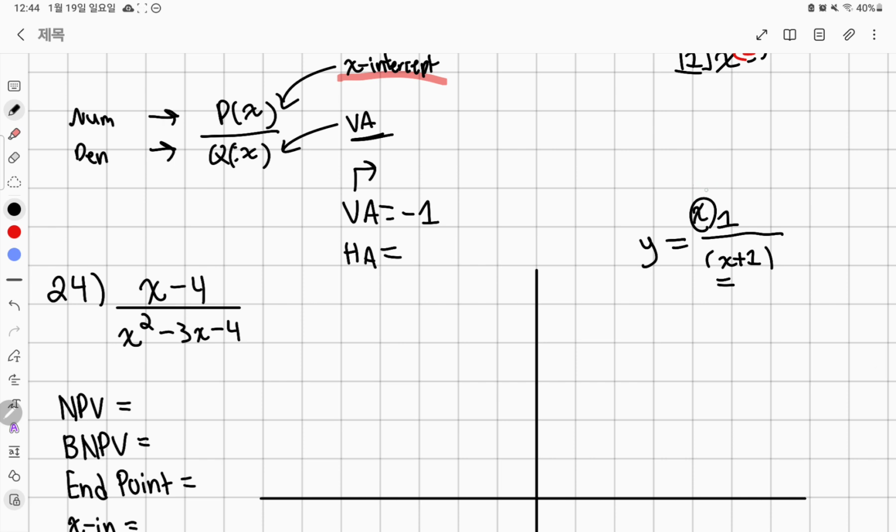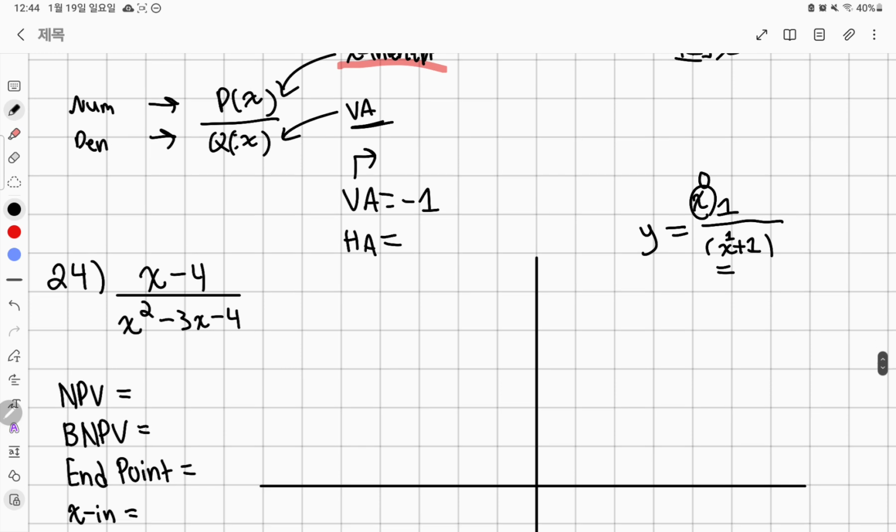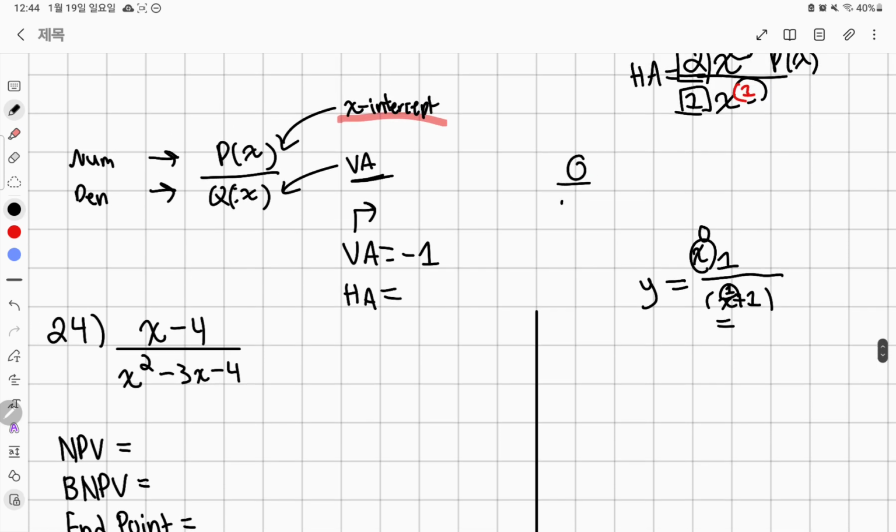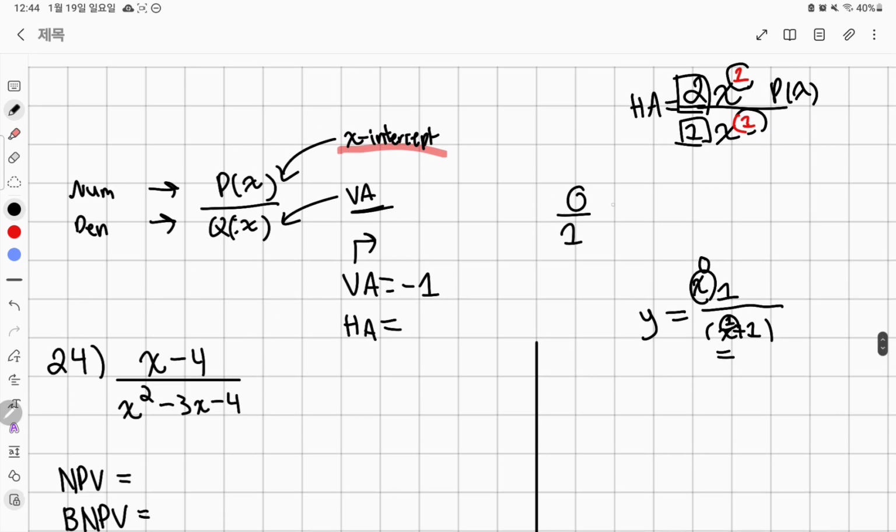Let's just say there's an imaginary x and there's a 0 degree, right? And look at this x. How many degrees do we have? There is an invisible number 1 here. Then it's 0 over 1, just looking at the degree. What is it? 0.